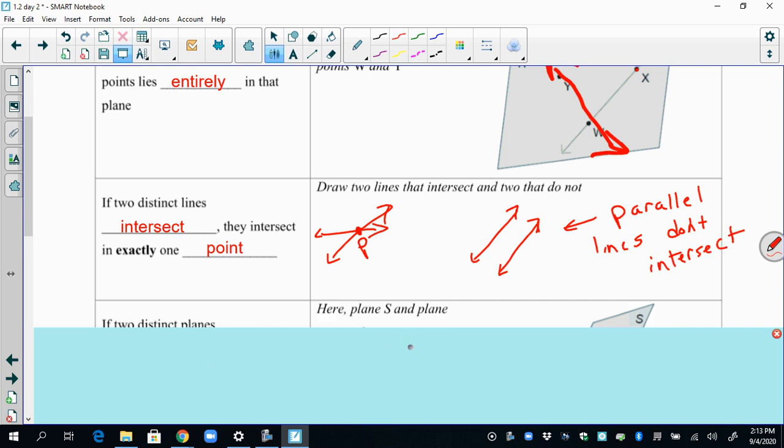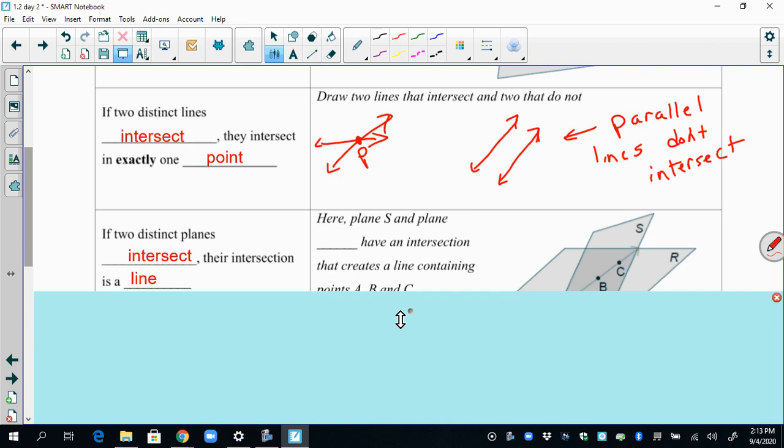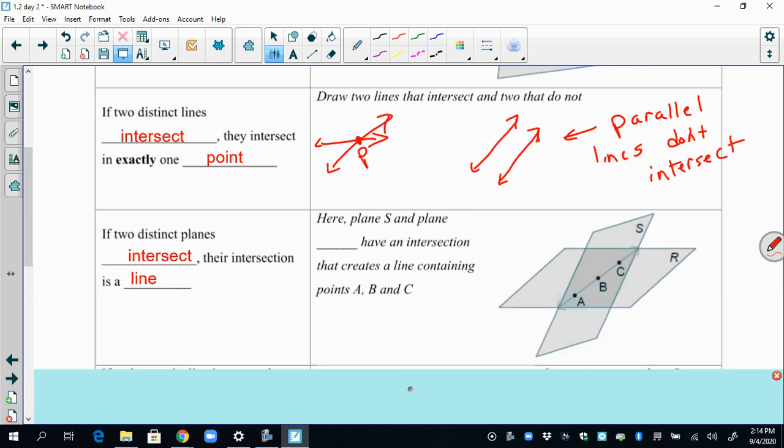All right, the next one, if 2 distinct planes intersect, their intersection is a line. So if we look at this drawing, we have plane R and plane S. And so here, plane S and plane R have an intersection that creates a line containing points A, B, and C. So here we've got points A, B, and C, and that's where they intersect.